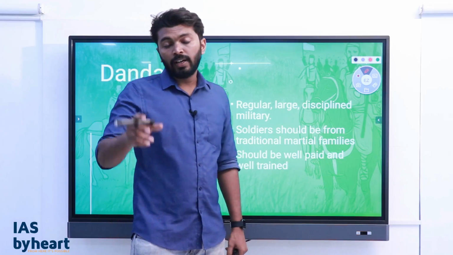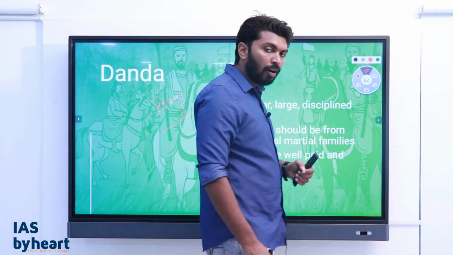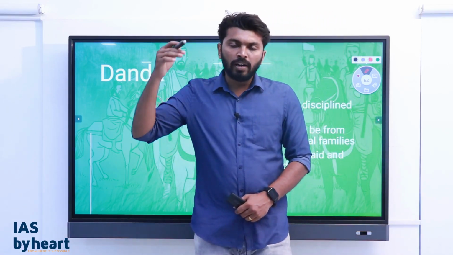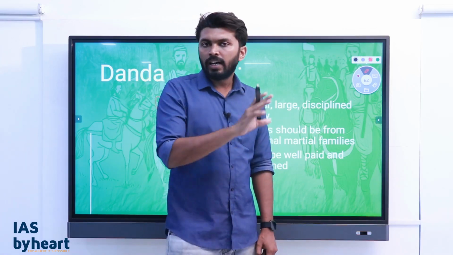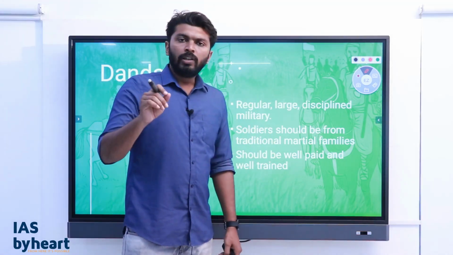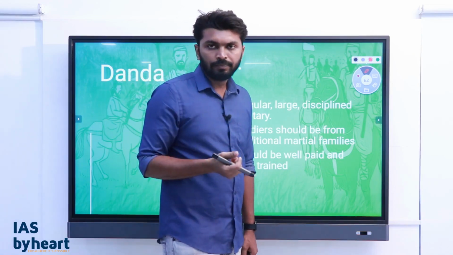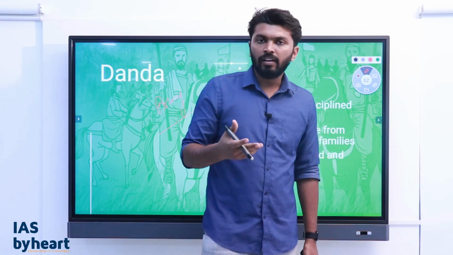The soldiers of that army should be hired from traditional martial families, because they are trustworthy and they have battlefield experience. They should be very well paid and well trained. Only a trained army can secure victories in a war.